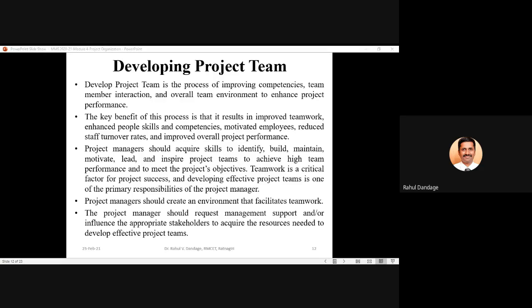So project team and the senior management, top management, or project team and the stakeholders, the intermediate link is nothing but the project manager. Project team will be the actual people executing the work, and top management or some stakeholders, they will be the people who are the motivation behind that particular project.